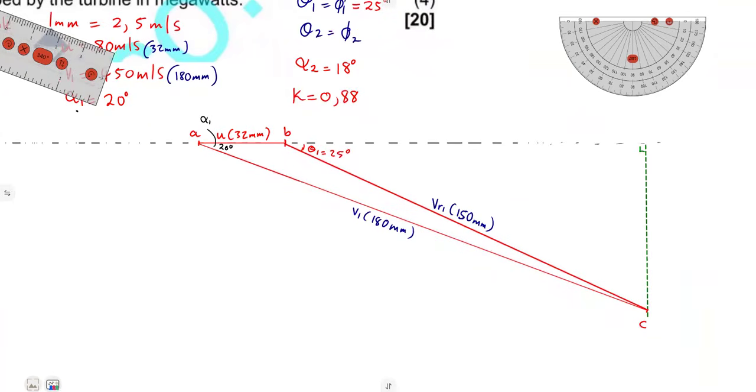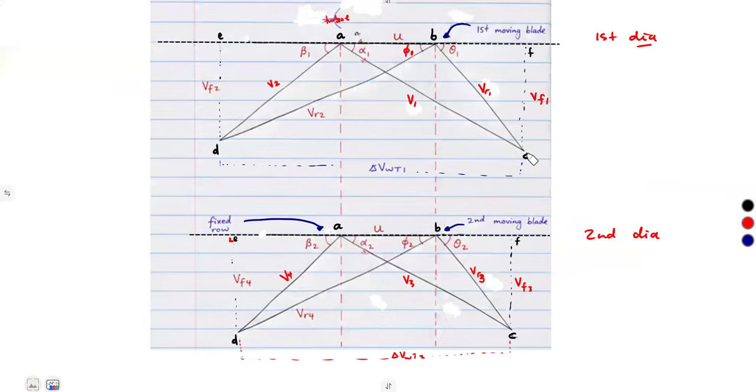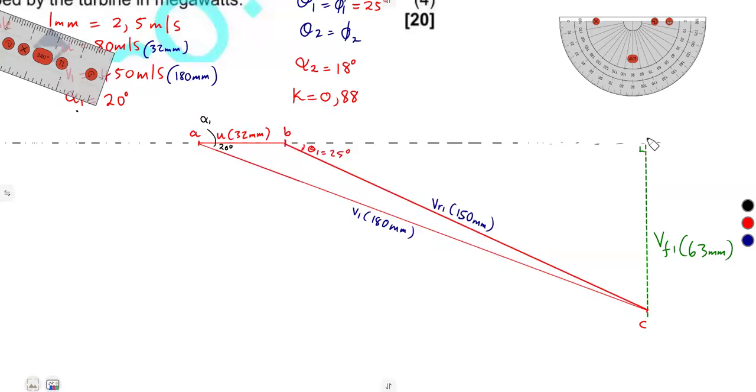So that's our flow velocity one. You measure that. Remember, that's our first diagram. You measure approximately 6,3 centimeters, 63 millimeters. All right, that's C to point F, our flow velocity, that's CF. Okay, so this is it.